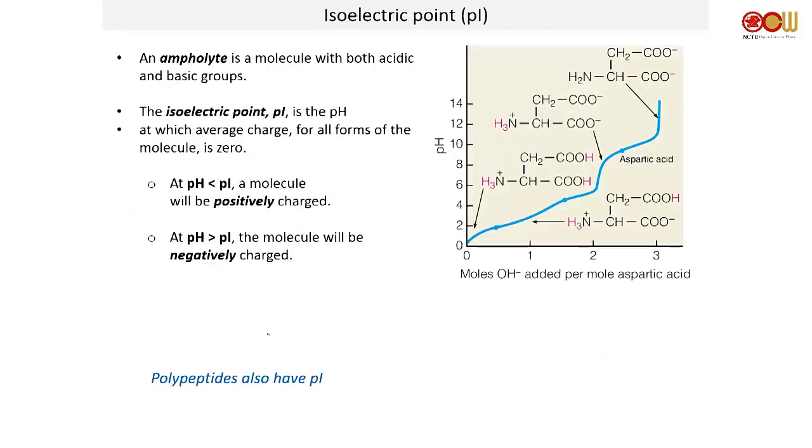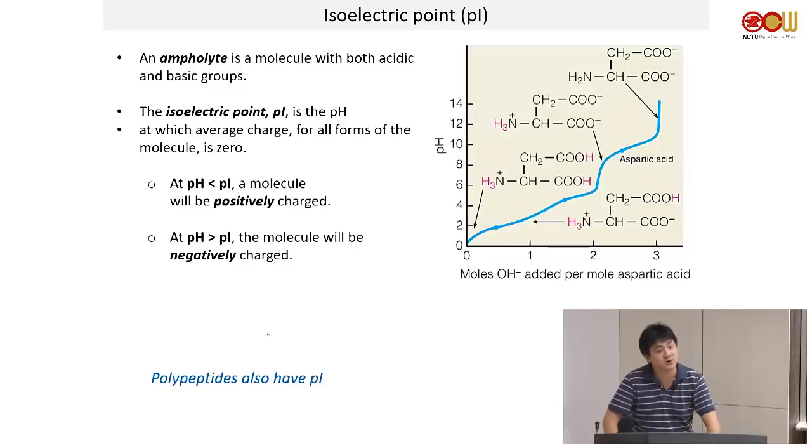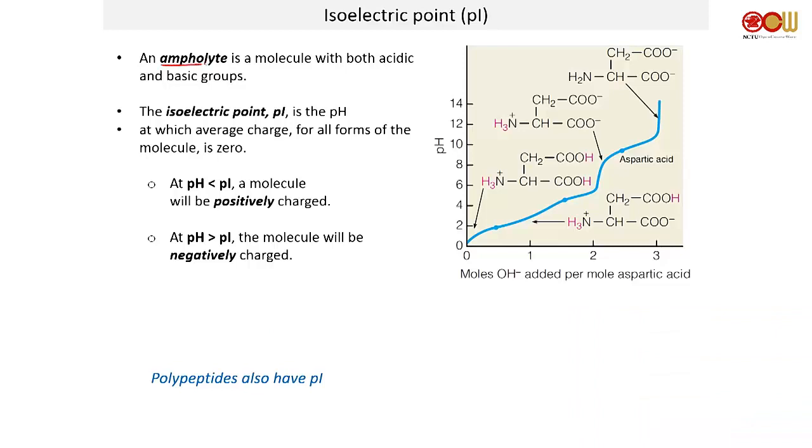So isoelectric point is a particular thing that we like to talk about when we talk about proteins, and it is essentially a point where the molecule becomes neutral. Before we get there, there are a couple of terms that we want to define real quick. Ampholyte, that's the first term you got here.